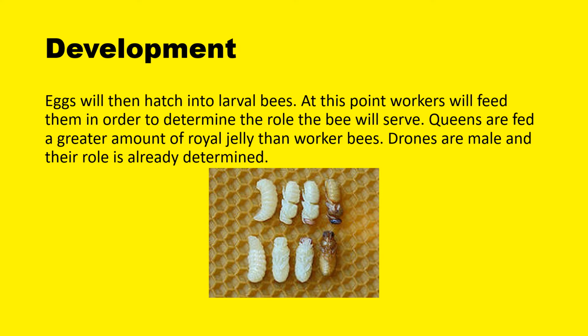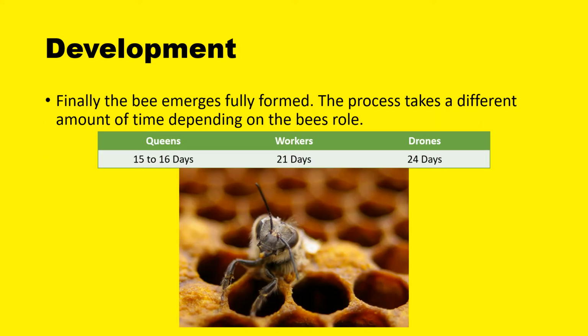What this royal jelly is, it's a mixture of honey and pheromones from the queen that result in one of these worker bees becoming a new queen. So really interesting stuff there. And then finally, the bee will emerge fully formed. And this process actually takes a different amount of time depending on the type of bee.